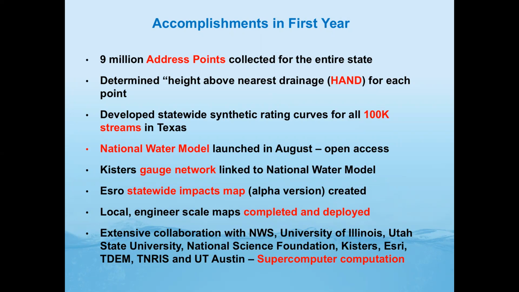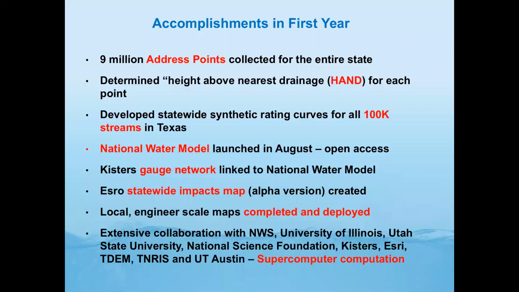National Water Model launched in August. Kisters has a gauge network, not just for USGS gauges, but also City of Austin gauges and LCRA gauges throughout the state. And so there's a little over 500, about 800 gauges, but we have 100,000 stream forecasts now.